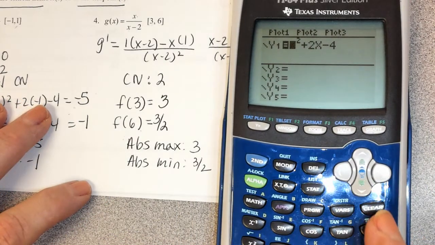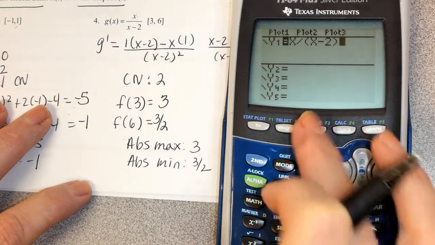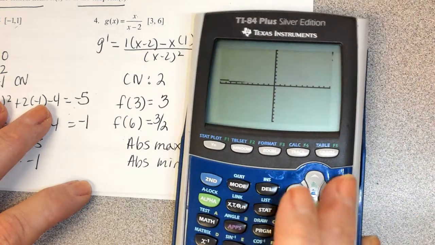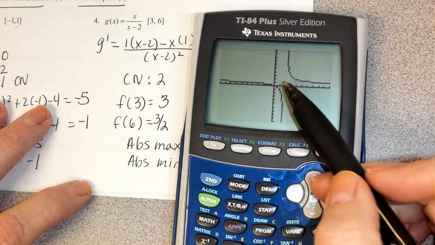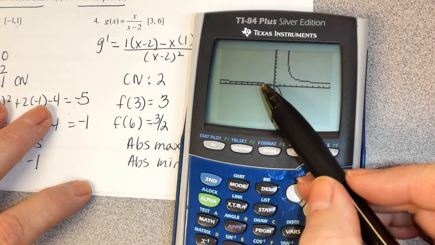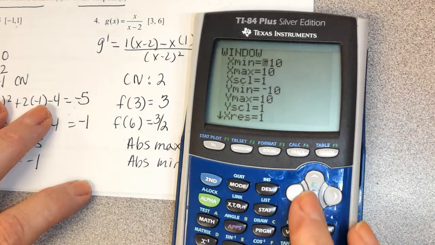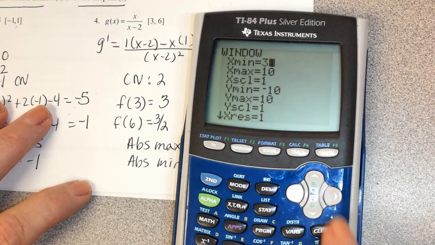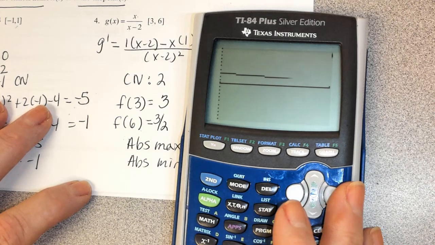Just let me show you this graph, just to show you what's going on here. So here's what the entire graph looks like, okay? On this graph, there's not much really happening for me on the open interval, but if I look at it only between 3 and 6, now I'm just looking at this.